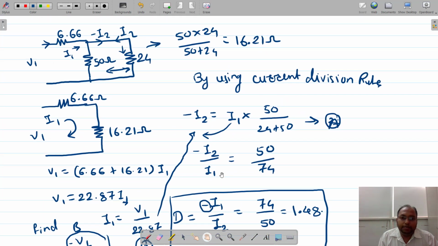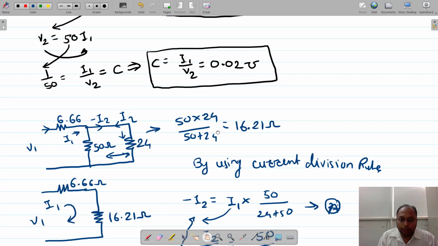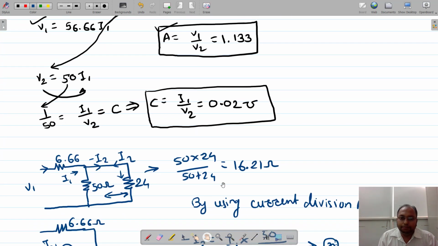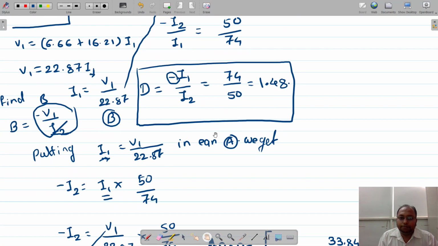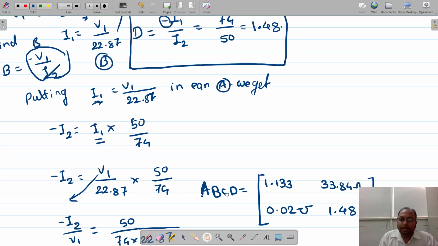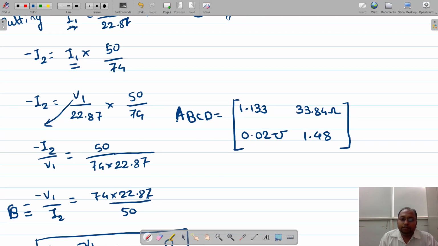Let's check the other two parameters. C is 0.02 and A is 1.133. So these are nothing but the ABCD parameters. Once you find them, you will be getting good marks.